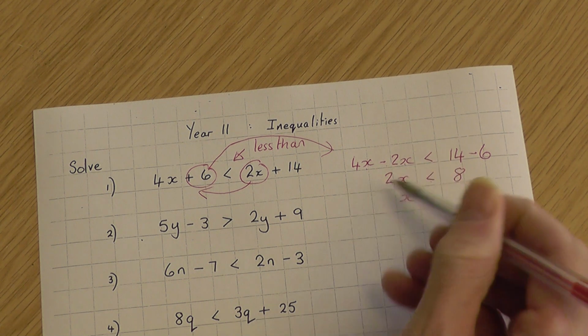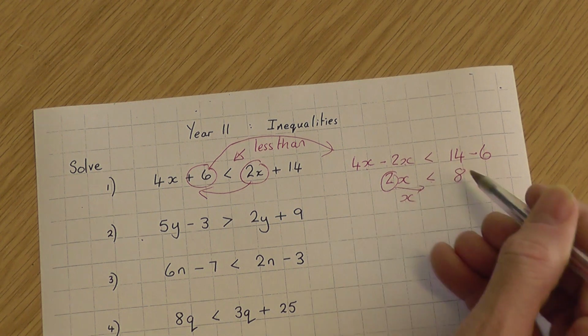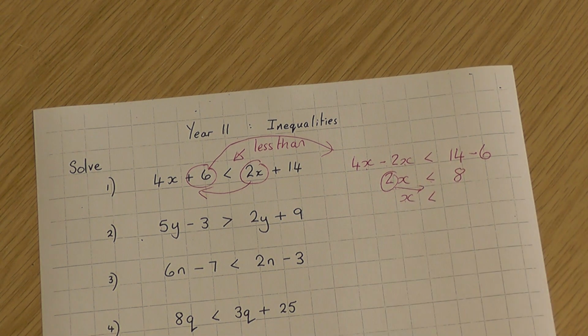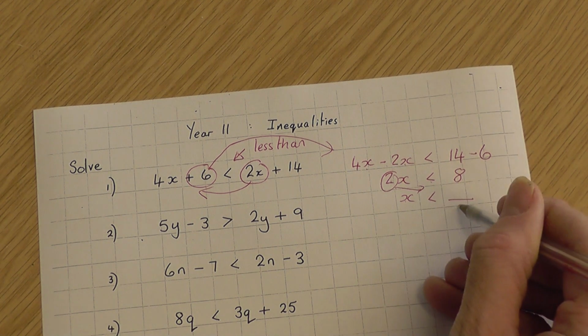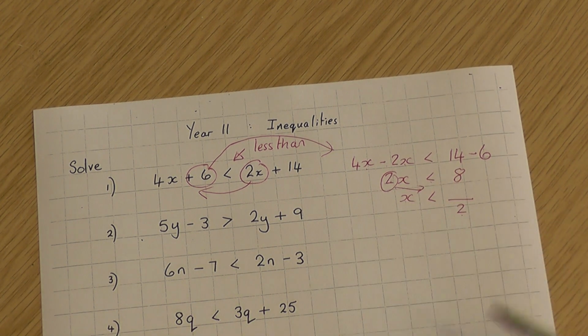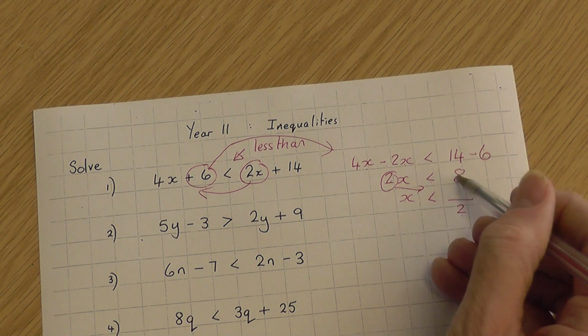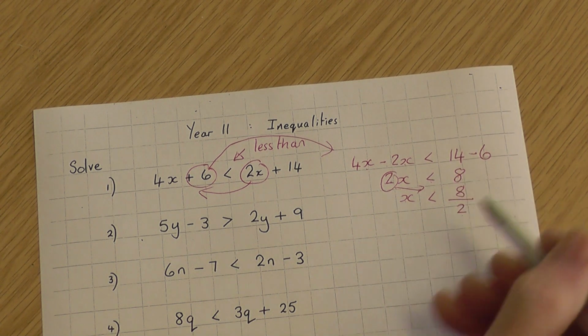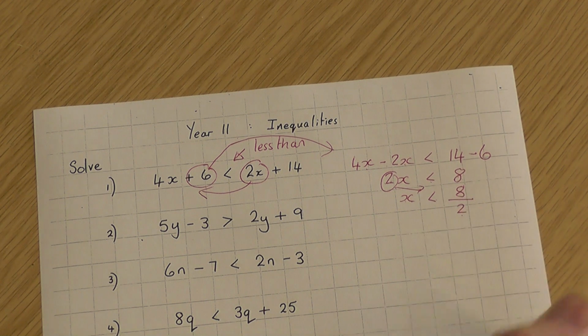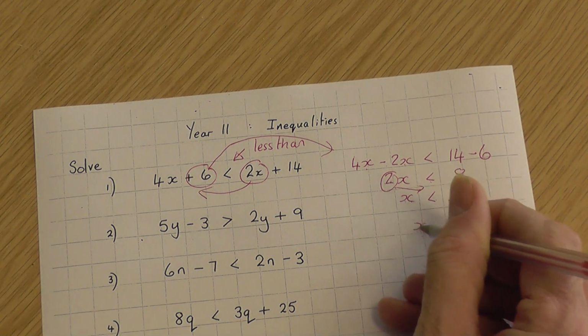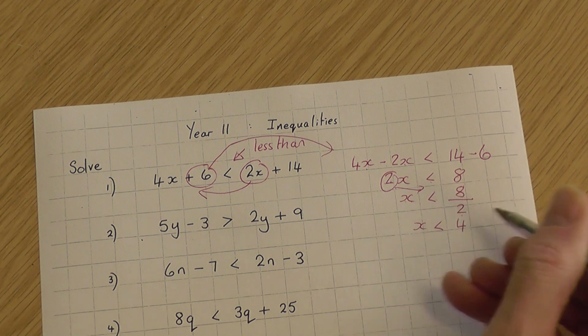So if I take it to the other side, leaving the symbol in the middle, the times by 2 is going to become a divide by 2. So the 2 goes to the bottom line of a fraction. The 8 hasn't gone anywhere, so that remains on the top. So you get x must be less than 8 shared by 2. And so the final answer is x is less than 4.